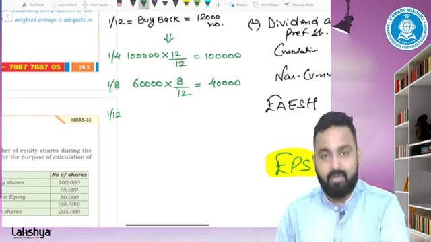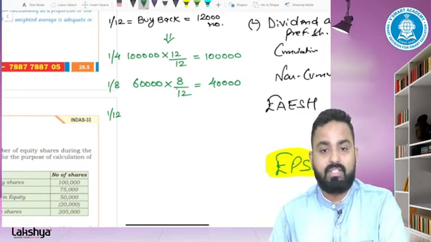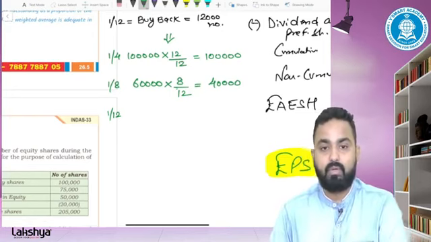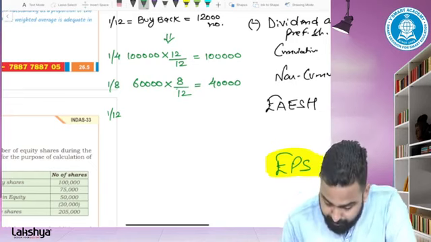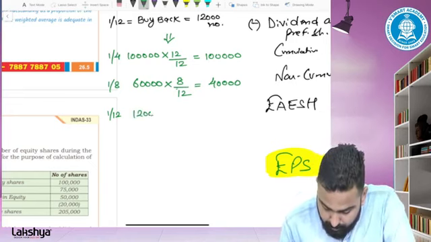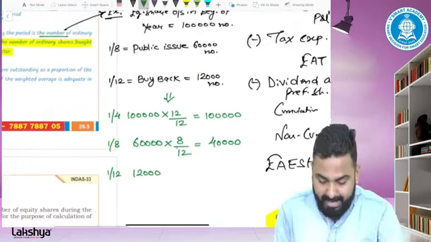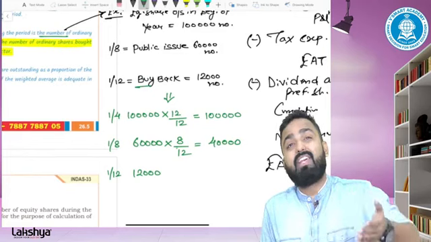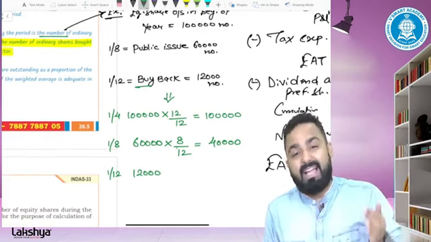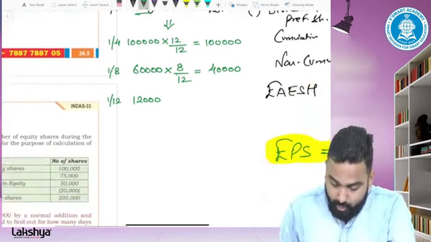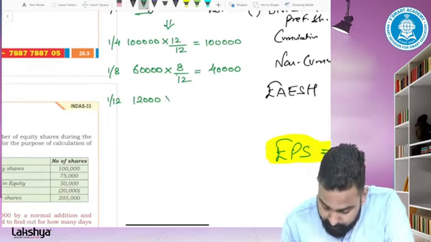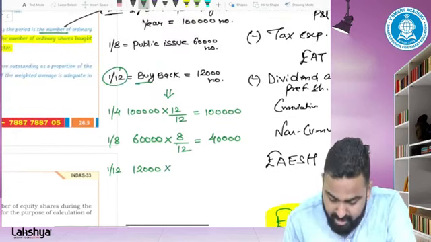Then 1st December. 12,000 shares were bought back. Now, what do you mean by buyback? Buyback will reduce the equity capital. So, 12,000 shares were bought back on 1st of December.